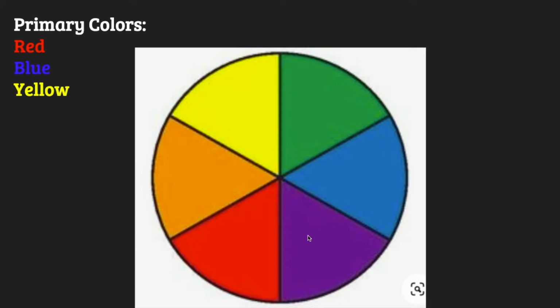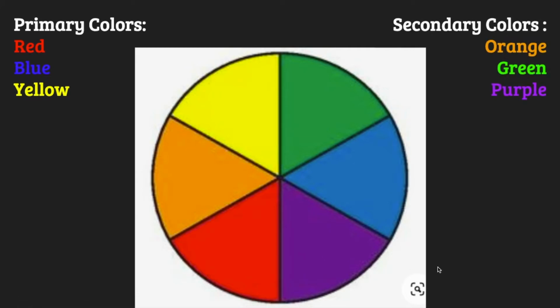Then we have these other colors, right? Let's take a moment and think. Are they primary colors? Orange, green, and purple are known as secondary colors. Now take a guess. Why do you think they're called secondary colors?